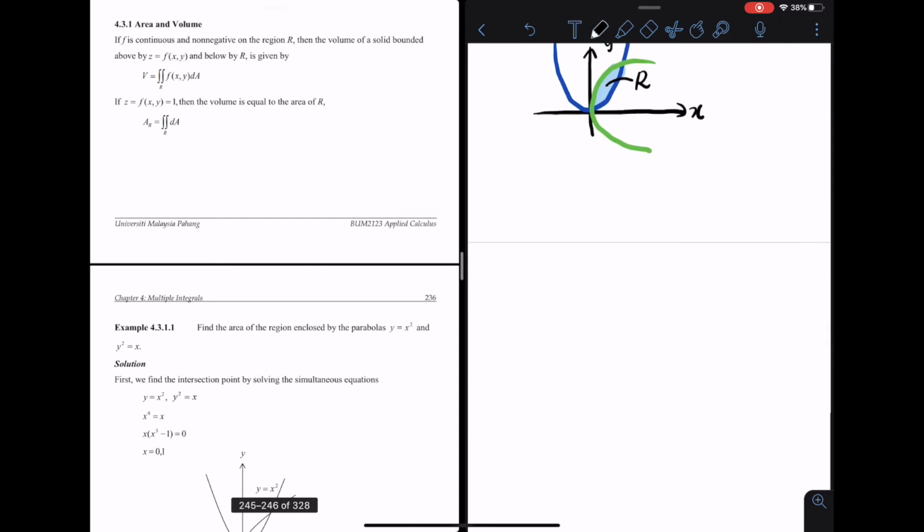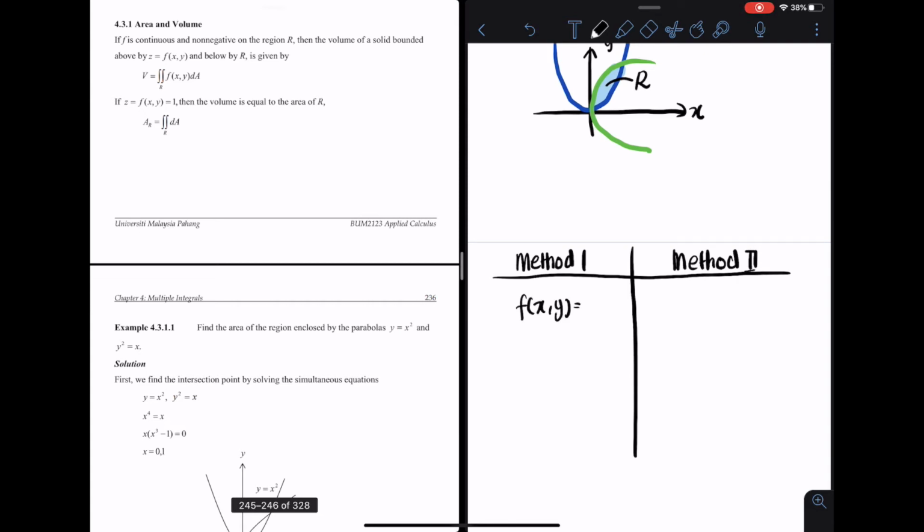So right now, let me write down or sketch these two tables. These two tables indicate that you can solve the problem either by using type 1 or by using type 2. So let us use method 1 and method 2. Right now we have to assume function f(x,y) equal to 1.